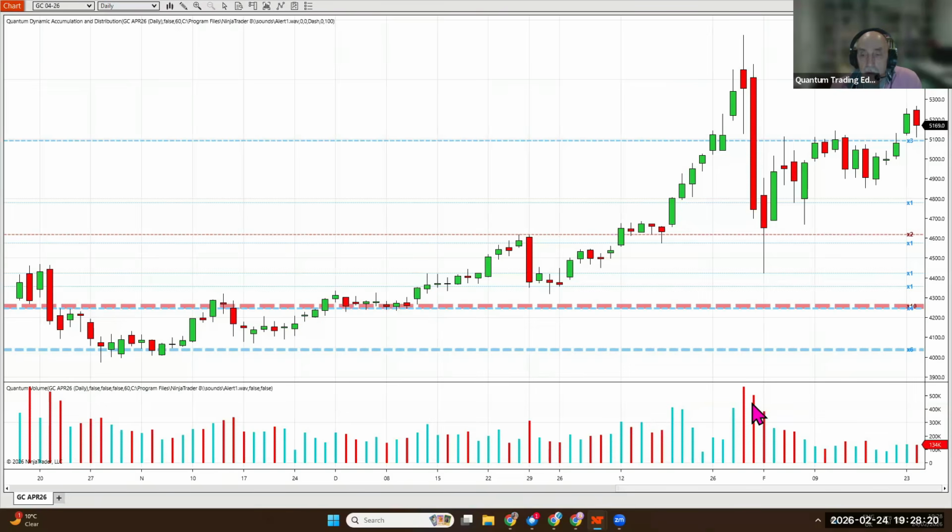If we look at the height of this volume bar and compare it to this one, this actually has slightly higher volume, but yet look at the price action. It is certainly well less than a half, maybe even a third.